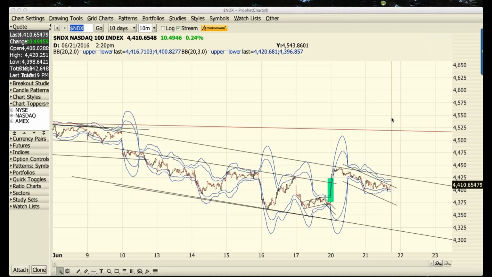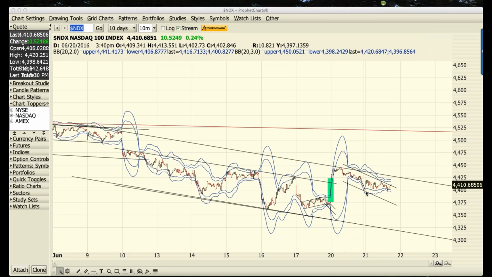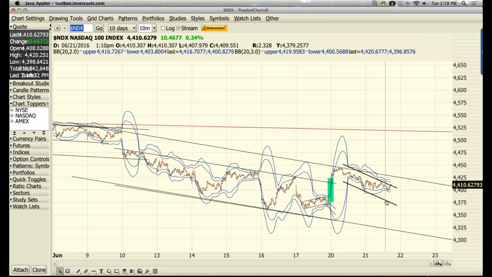Now, let's just take a quick look at the charts here, because there are some adjustments that I think are necessary on these charts. So I've been tracking this declining pattern on NDX, and I was doing that because there was one very obvious natural level of support here, and there was an obvious natural level of resistance here.